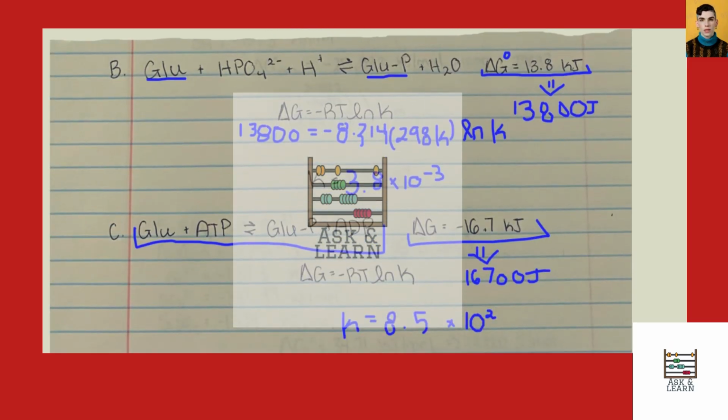So again, instead of this 298, we're going to put in 310 and redo our calculations. You want to pause the video and do that real quickly. At 310 Kelvin, the K is equal to 4.7 times 10 to the negative 3.